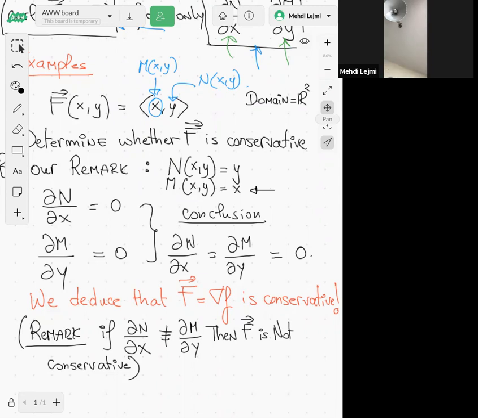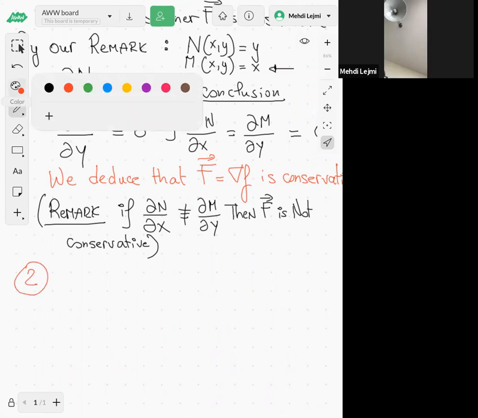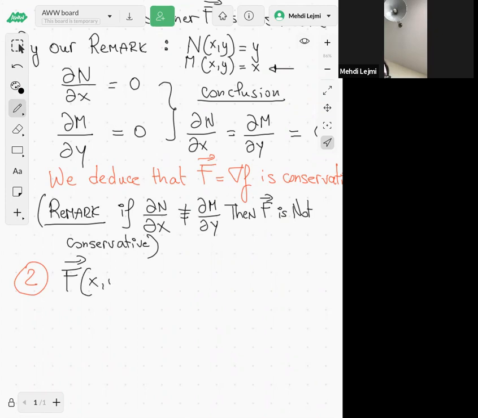Now, second example. So this was a two-dimensional vector field. Now we're going to have an example with a three-dimensional vector field. So example number 2. Let's say our vector field F of x, y, z. We're going to have 3 variables.